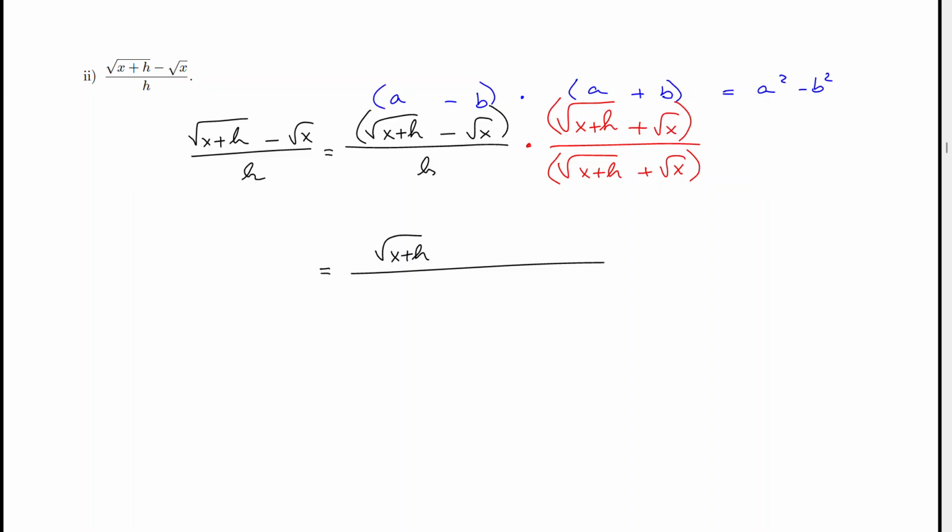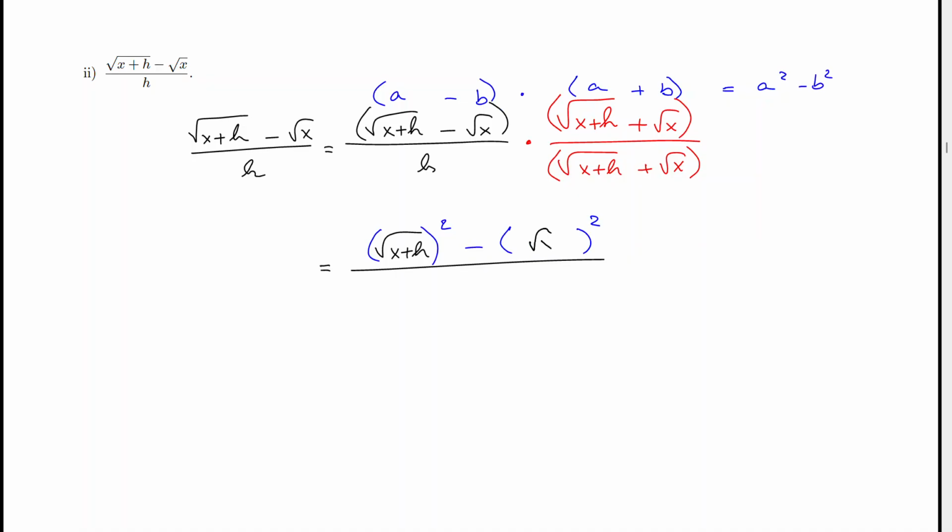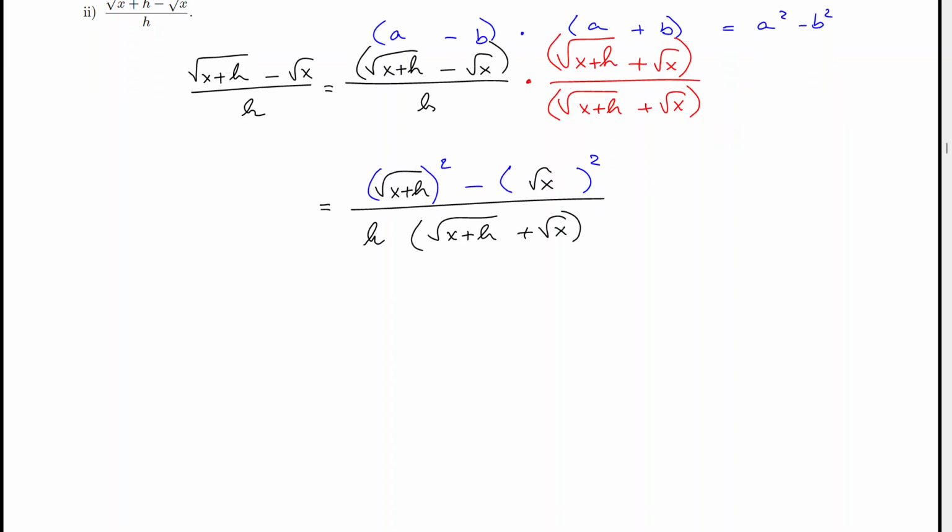I want to take the square of that. My pattern tells me to put minus and then square the b. And my b is just square root of x. The denominator, we'll just copy it, h times the square root of x plus h plus the square root of x. So we're just copying the denominator, and now let's see.